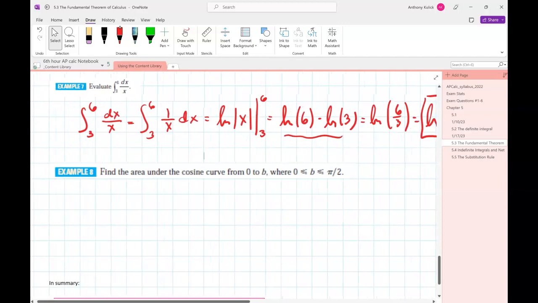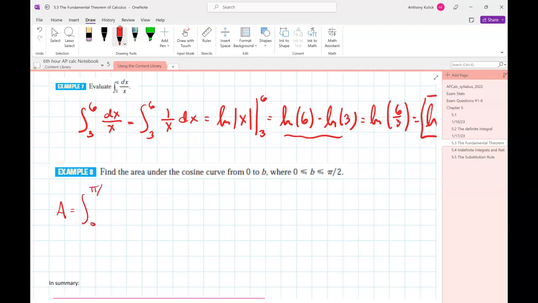Last example, then we're done. Sound good? Find the area under the cosine curve from 0 to b, where b is between 0 and pi over 2. So that's just integrating from 0 to pi over 2 of cosine x dx.